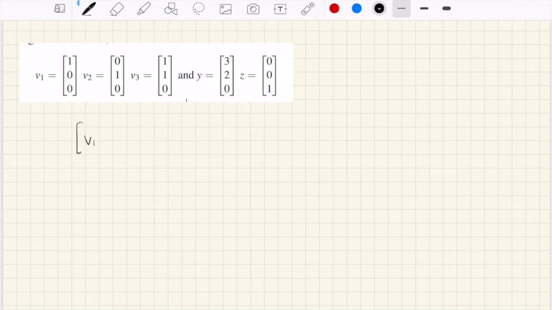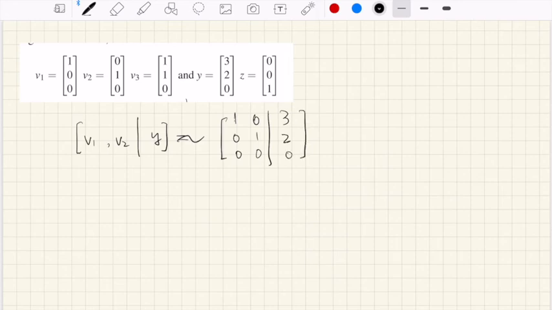So what we do is we look at v1, v2, and y. And this time we want to solve for it. So when I write all the numbers, this is already in the shape of REF. So basically, if we solve that, then x1 is 3, x2 is 2.